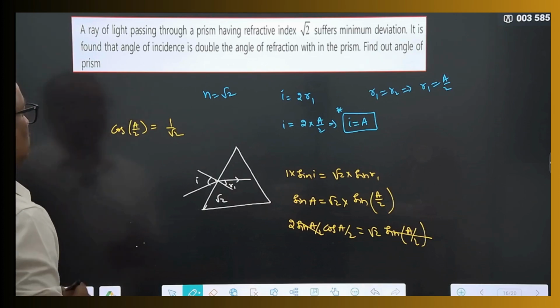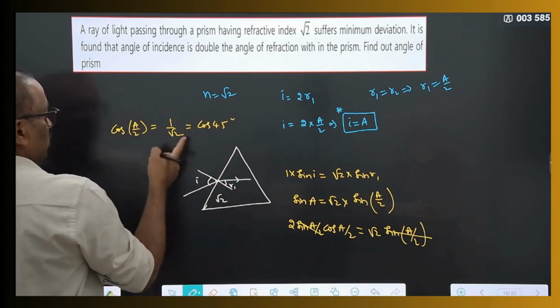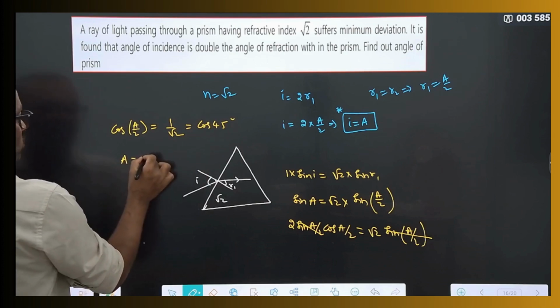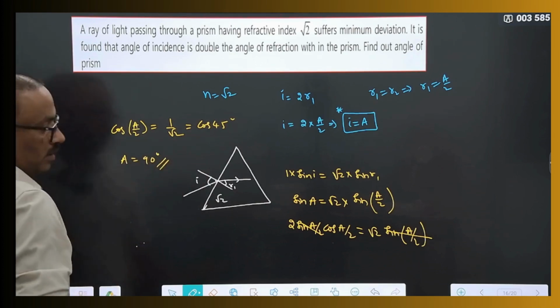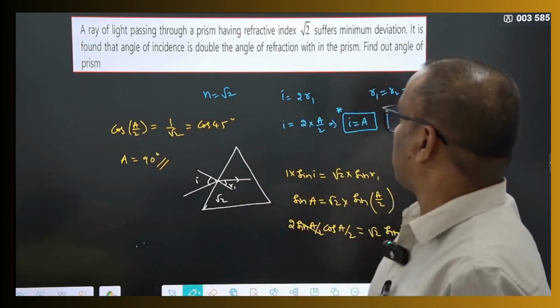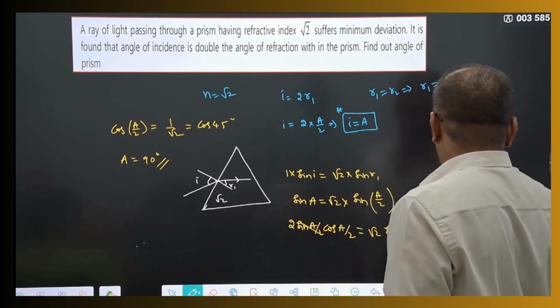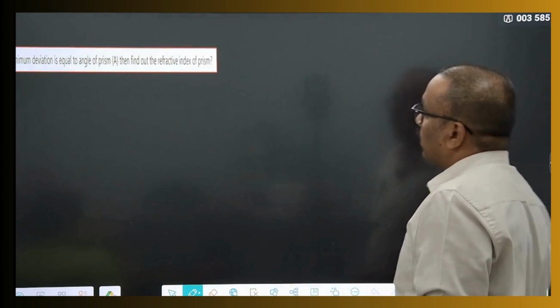Clear? So therefore cos 45, so A is equal to 90 degrees will be your answer. Clear? Right? Angle of prism is nothing but 90 degrees. Clear? So now we will go for one more question.